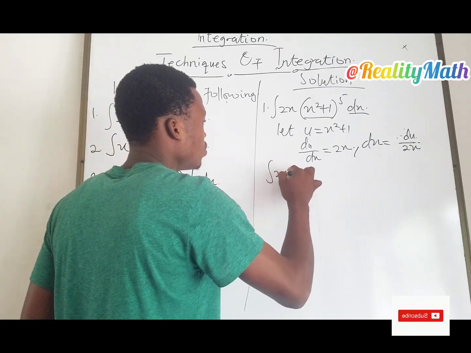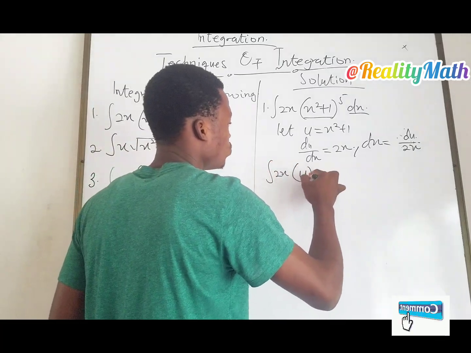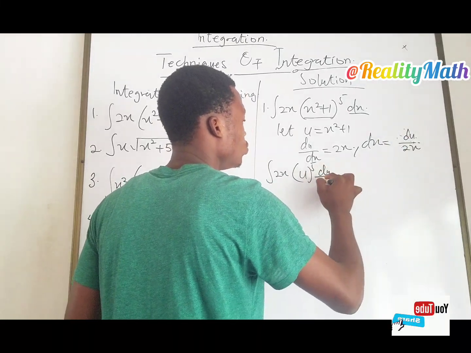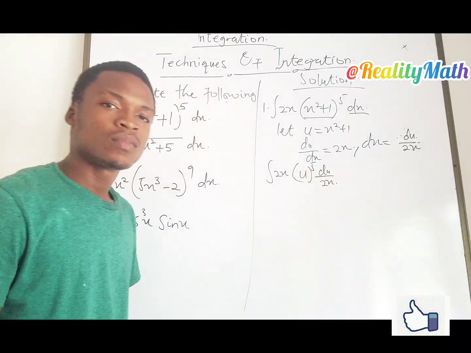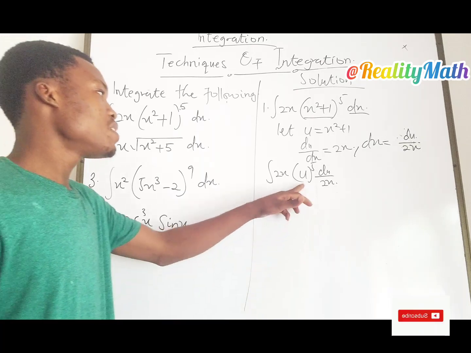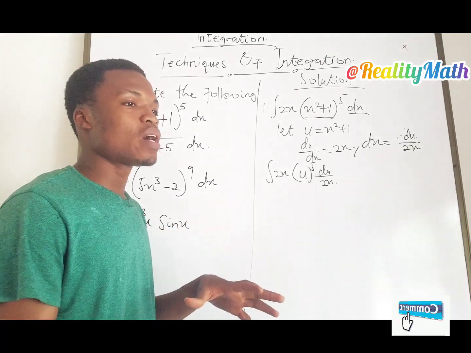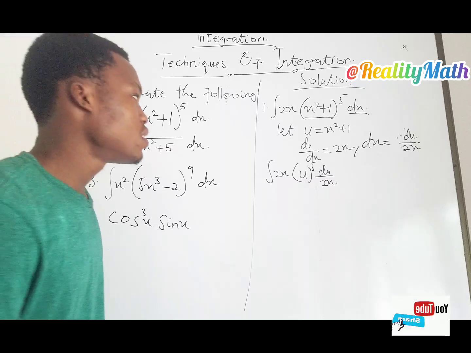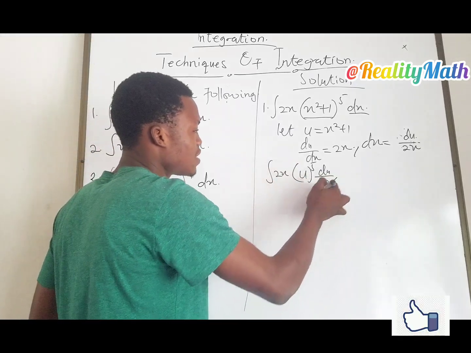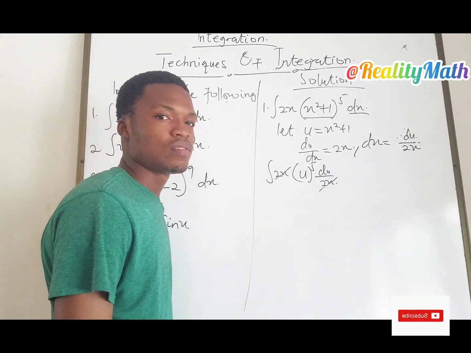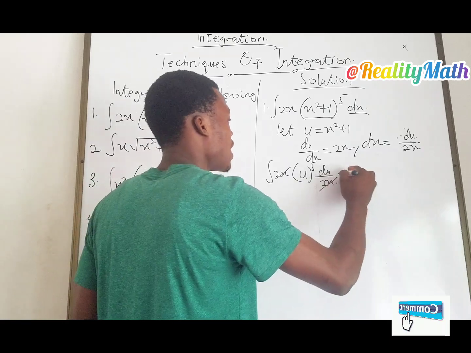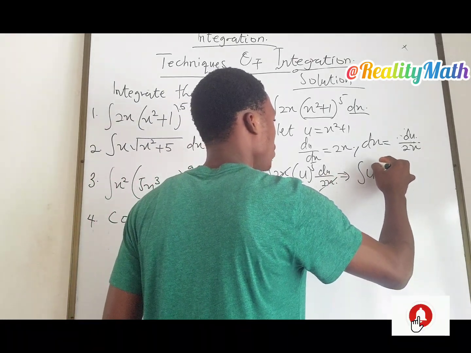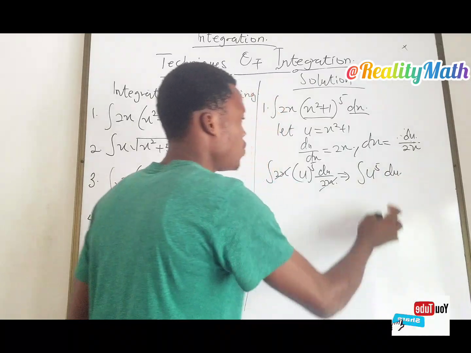Now let's rewrite the whole question and see what we are going to get. The integral of 2x into bracket u to the power 5, and now my dx is du on 2x. Are you seeing it has now become something simpler, something we all know? So here we can cancel the 2x. Now the whole thing tends to be u to the power 5 du, and we are so common to this.